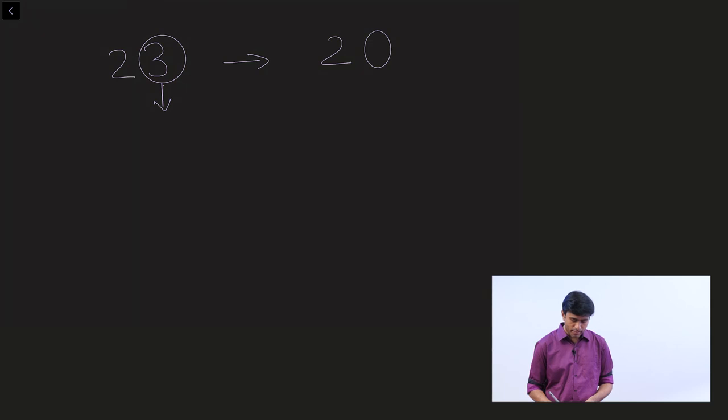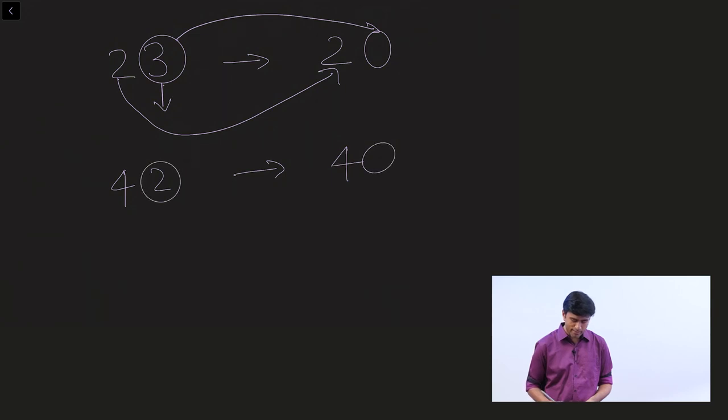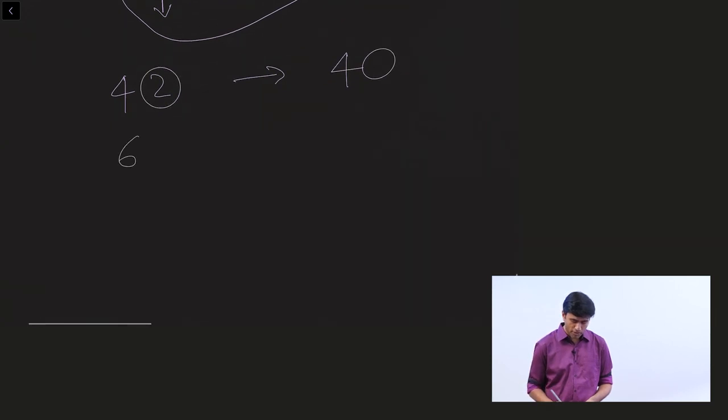If it is less than 5, you make the ones 0 and you leave the tens place as it is. Let's look at another example, 42. That's right, you round off to 40 because 2 is less than 5. How about 64? 4 is less than 5. So you make the ones place 0 and the tens place you leave as it is. So 64 is rounded off to 60.